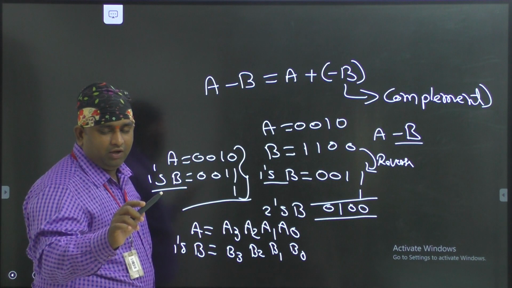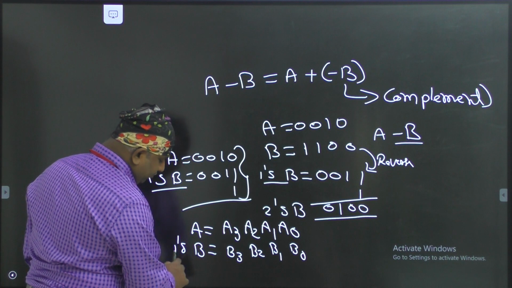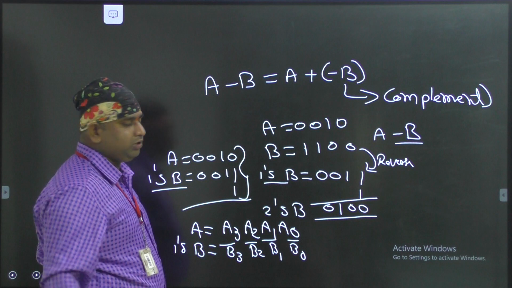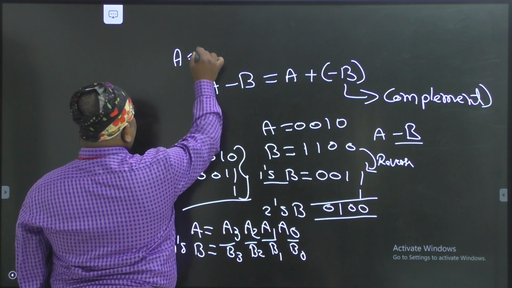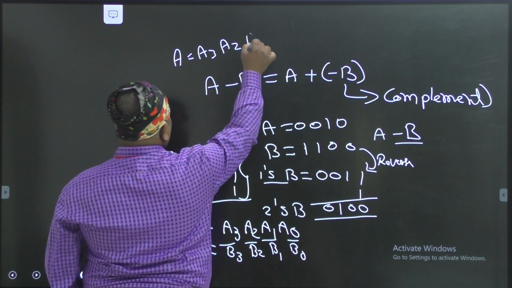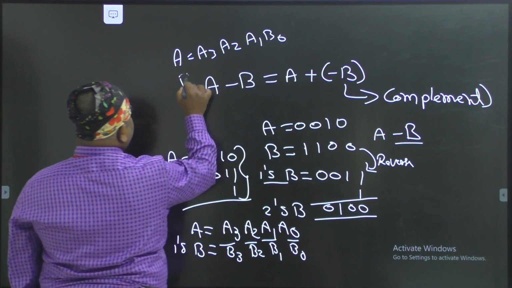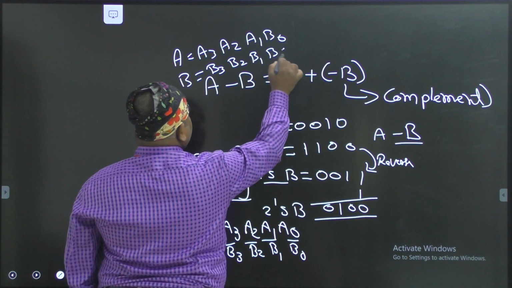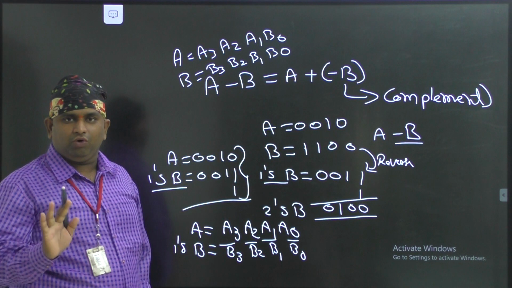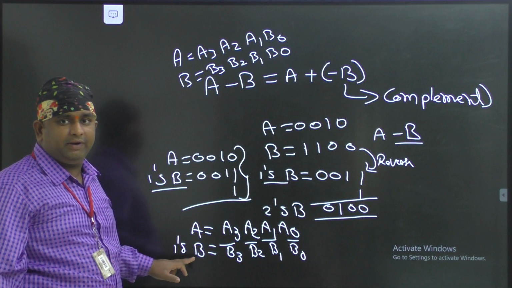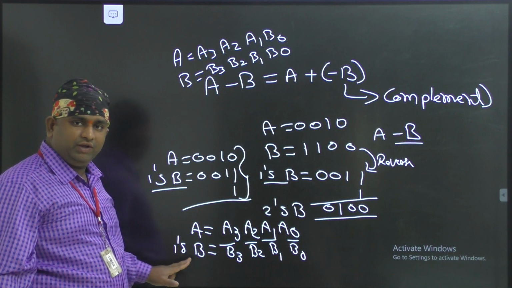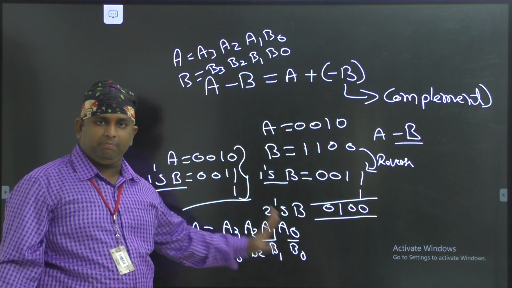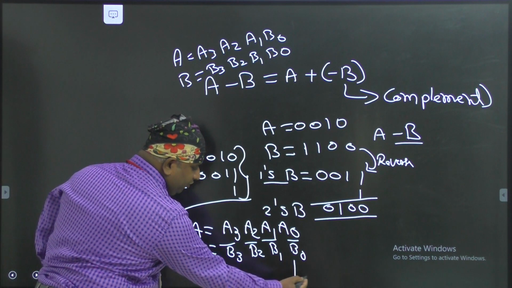When you find the ones complement of B, you get B3 bar, B2 bar, B1 bar, B0 bar. And you have to add 1 for this.